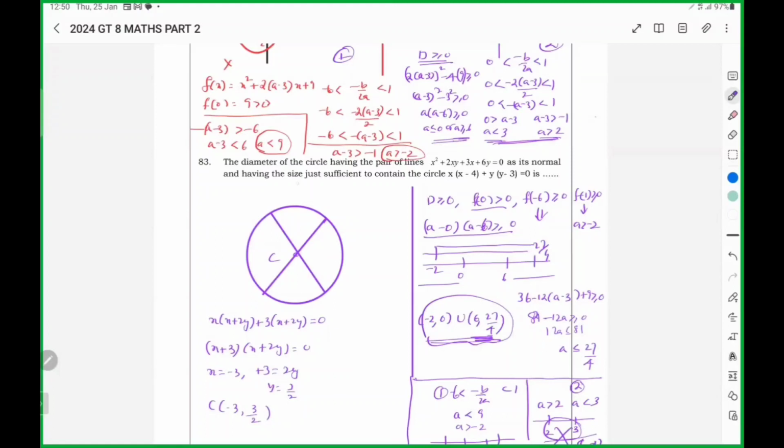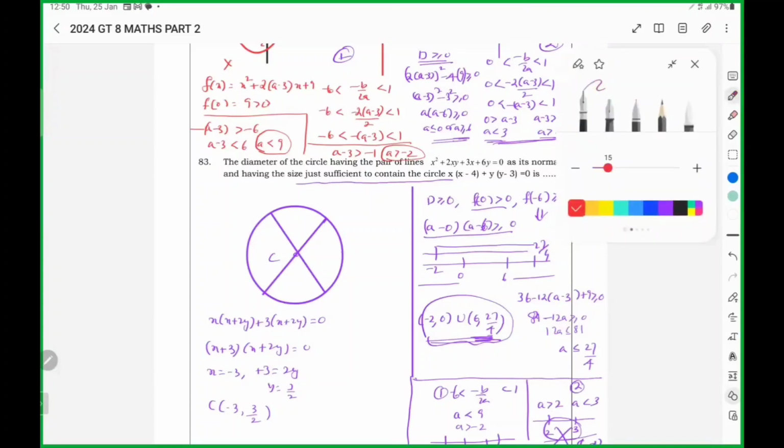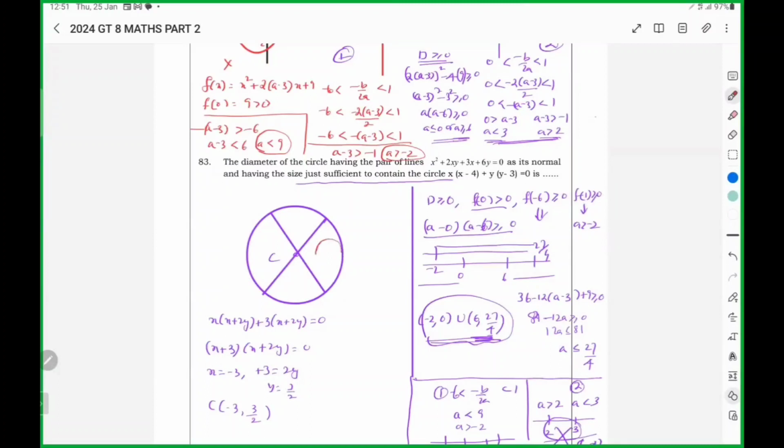And it is just sufficient to contain another circle, which is x square plus y square minus 8x minus 6y minus 4x minus 3y, center is 2 comma 3 by 2. Let us say P, with C being the first center.